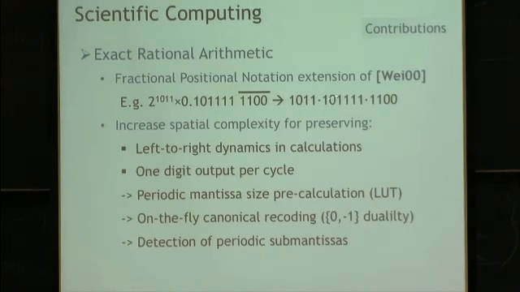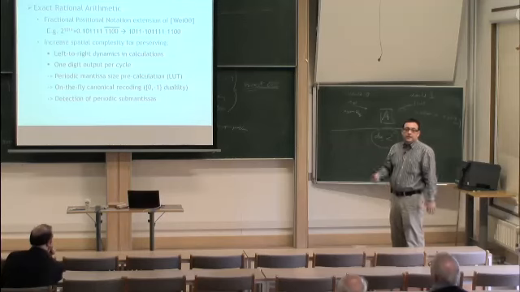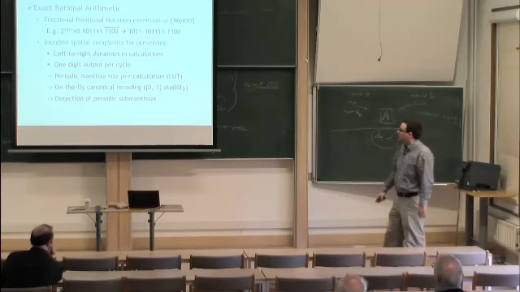This way, I extended a fractional positional notation from Klaus Weihrauch just to cope with periodic rational numbers because I needed them for my arithmetic unit, and designed an arithmetic unit which increases the spatial complexity so as to cope with the idea of computing always from left to right, that is, obtaining the most significant digit each time of operation, and one digit output per cycle, as it is understood in bitwise complexity.